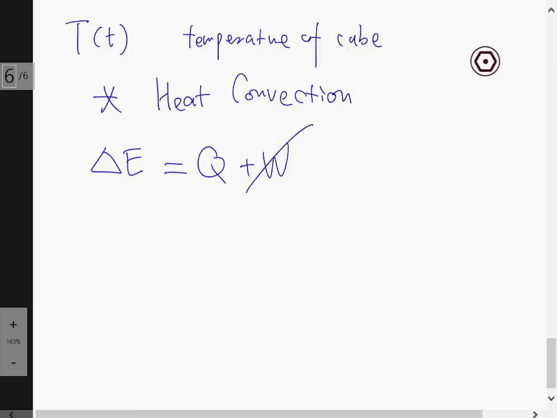Now let's look at how we relate both sides of the equation to the temperature of the cube. How do you relate the change in the internal energy to the temperature of the cube? The change in the energy relates to the change in temperature, right? How does it relate to the change in temperature? Delta T times what?